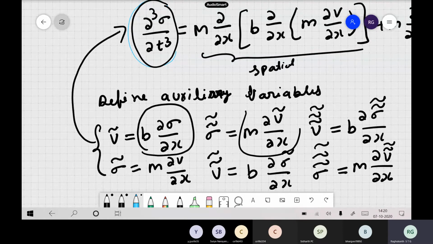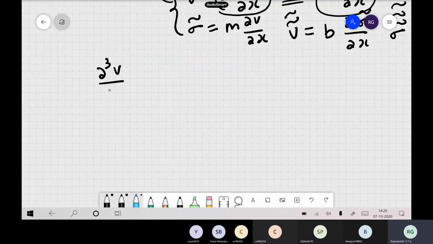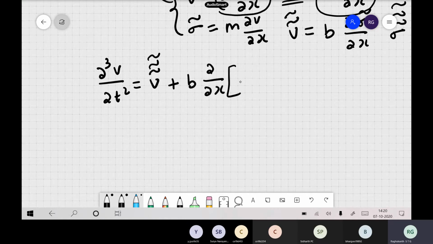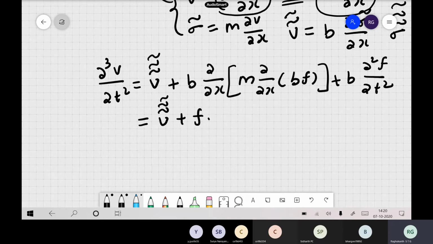Then you can write these same equations as ∂³v/∂t³ equal to this tilde term, plus b ∂/∂x of m ∂/∂x of b F, plus b ∂²F/∂t², or this can also be written as v tilde plus a term in F, you followed, right.